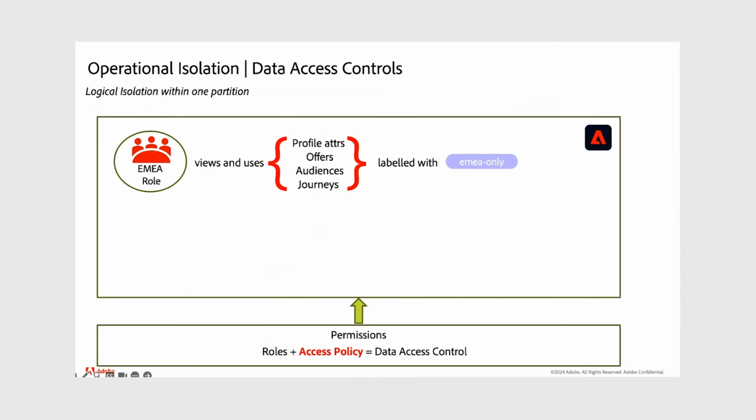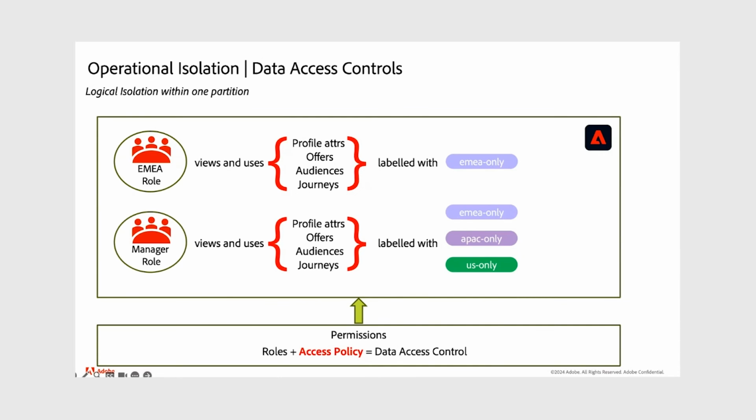So as an example, the EMEA role will view and use profile attributes, offers, audiences, journeys, or basically any object in platform that is labeled with, in this case, the EMEA only label. And this approach lets you manage a hierarchy of role. And so, for example, if tomorrow you have to build a manager role that has access to the 3 geos, you can easily do so by adding 3 different labels.